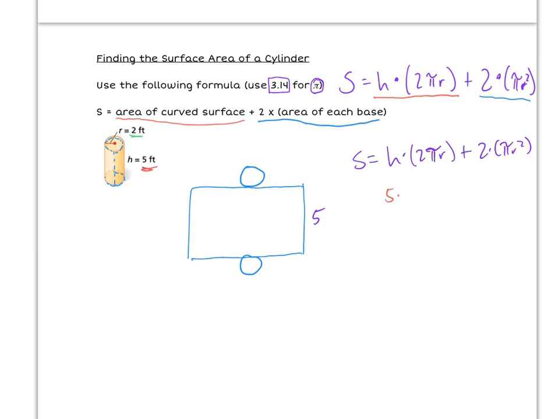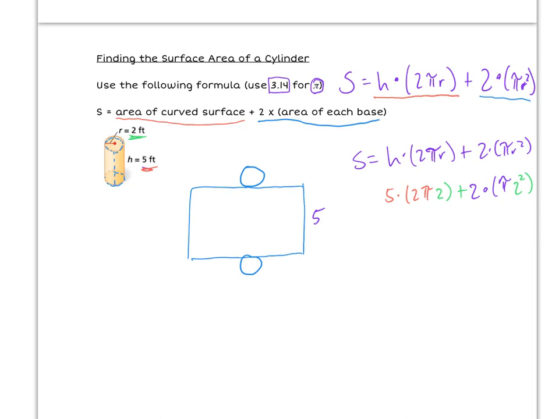So 5 times 2 pi r, and our r in this case is our 2 feet, plus 2 times pi, and again r is 2 and squared. We'll plug all those numbers into your calculator.